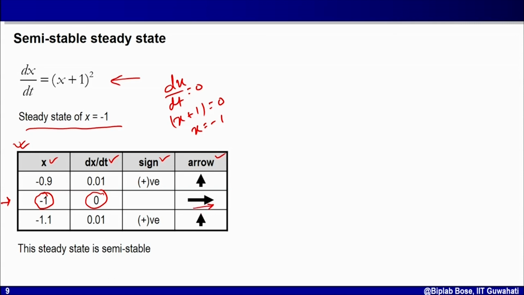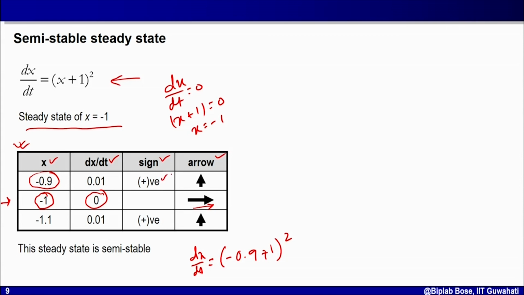Let us now take a slightly higher value. Remember, the value slightly greater than the steady state will be in the first row. So I have taken minus 0.9, and you can easily calculate. So dx/dt is equal to (minus 0.9 plus 1) whole square. So the value is 0.01, and obviously the sign will be positive because you have a square term.